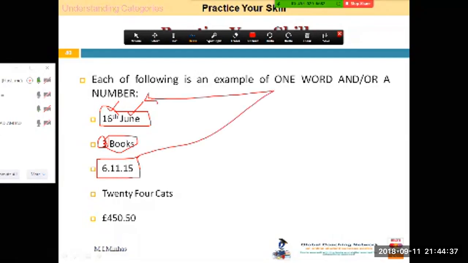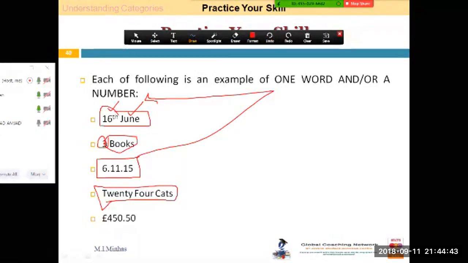Then 24 cats. Now, who will tell me, what is it? One word. What is it? The 3 words. Actually, this is one word and a number. One word and a number, sir. Yeah, 24 is a number, guys.